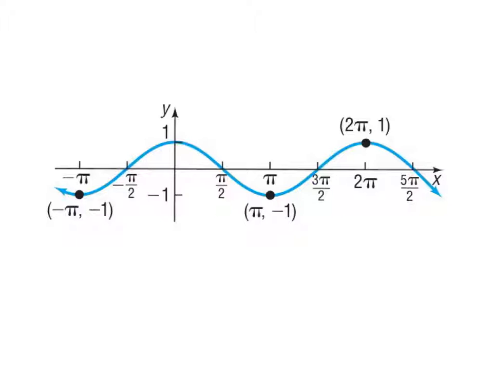And we said our amplitude was 2, so each point where it's at 1 is now at 2, or negative 2, respectively.